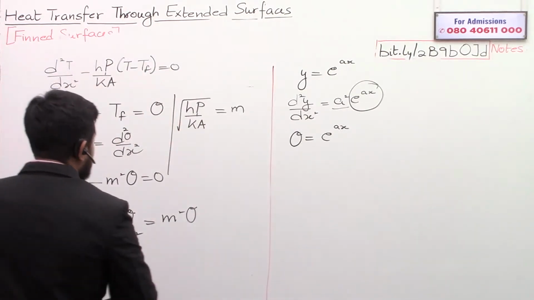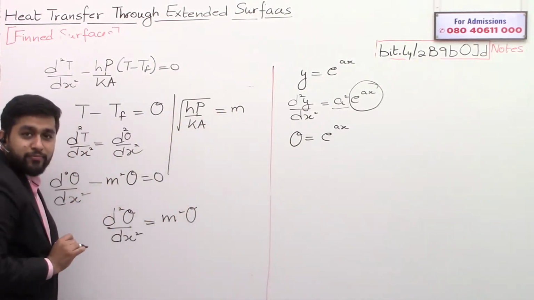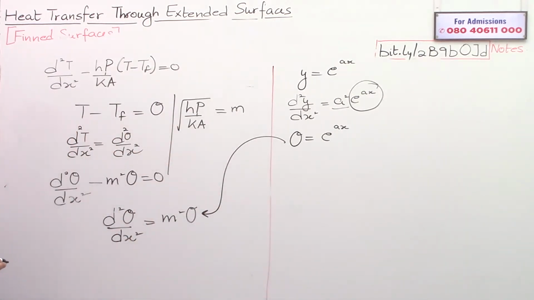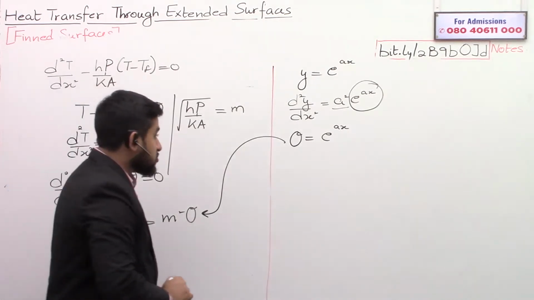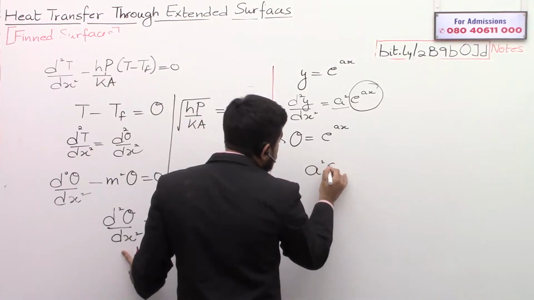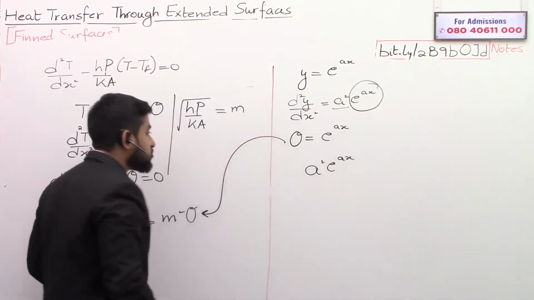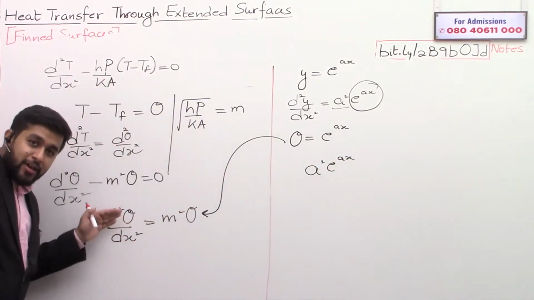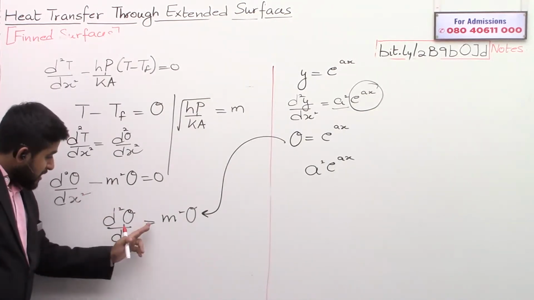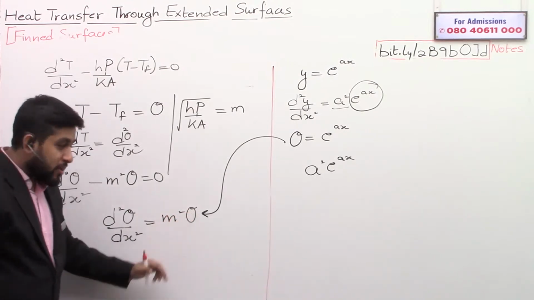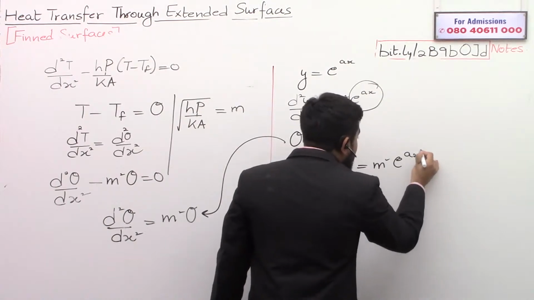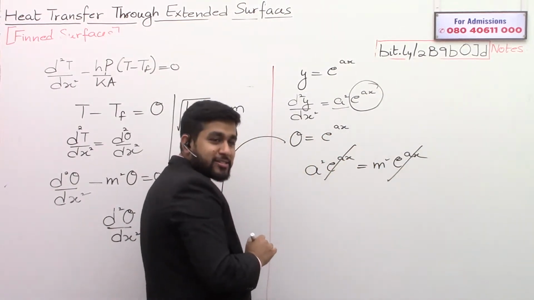If theta is the solution, theta should satisfy this equation. So I will put theta over here. I will have d square by dx square of theta, which becomes a square e raised to power ax. This should be equal to m square theta, so m square e raised to power ax. The e raised to power ax cancels out.